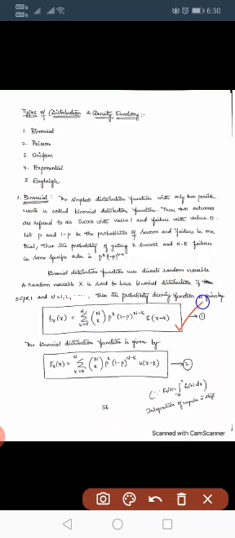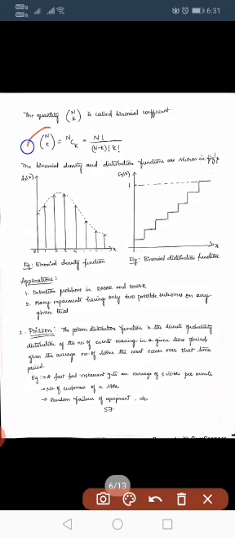If we want the distribution function, we know that the relation between density and distribution function is the integration from minus infinity to x of fx of x dx. So the integration of an impulse function is a unit step function, and everything else remains the same. Now this nk term is called the binomial coefficient, and it is nCk. NCr formula, we know, is n factorial by n minus r factorial into r factorial.